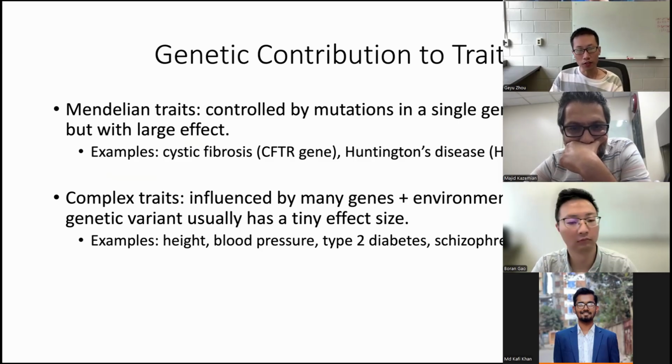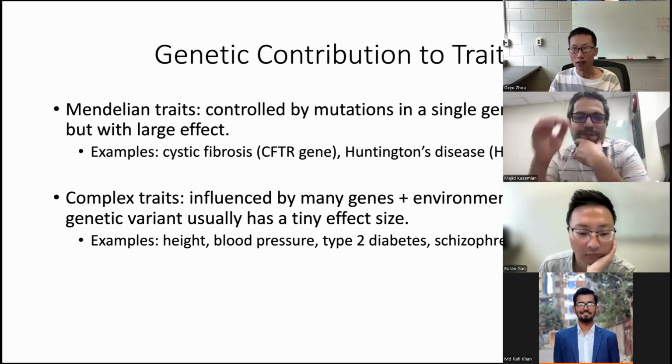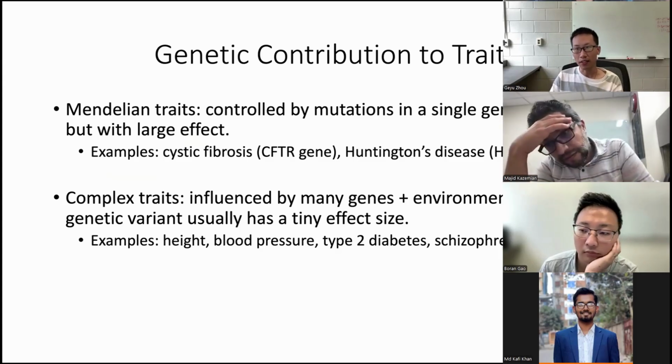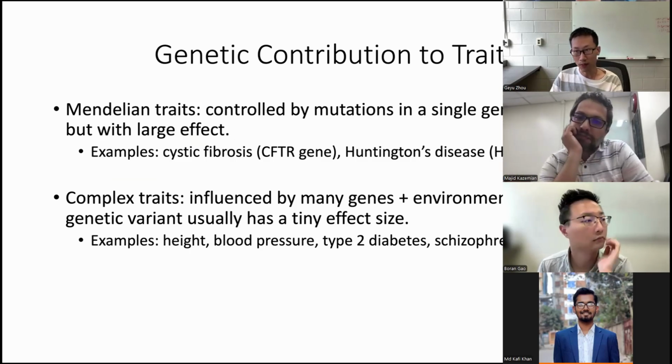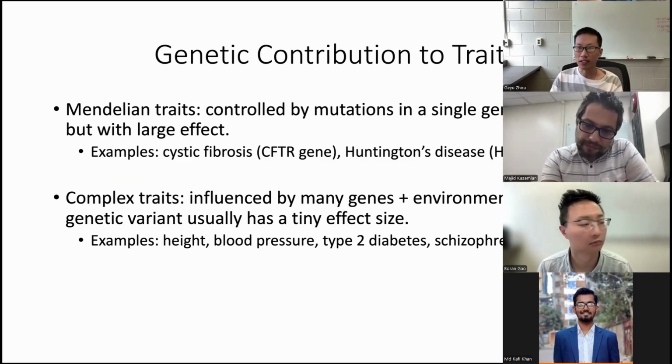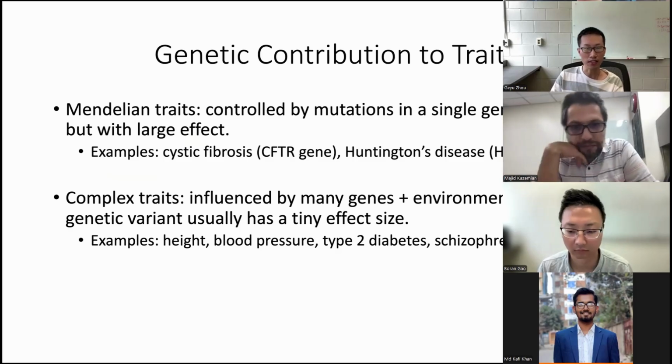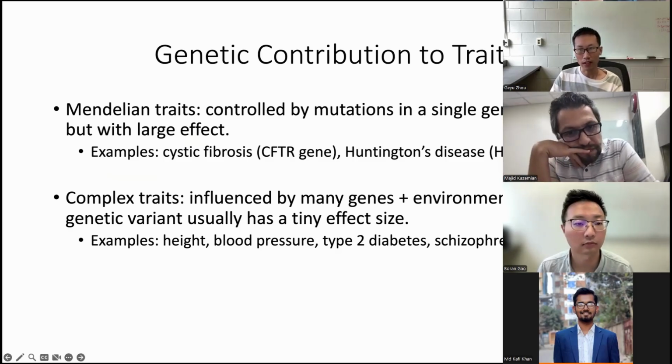The Mendelian traits typically follow Mendelian inheritance, such as autosomal dominant or recessive inheritance patterns, and they are typically controlled by mutations in a single gene, often rare but with large effects. Some examples of Mendelian traits are cystic fibrosis, which is caused by the CFTR gene, and Huntington's disease, which is caused by HTT.